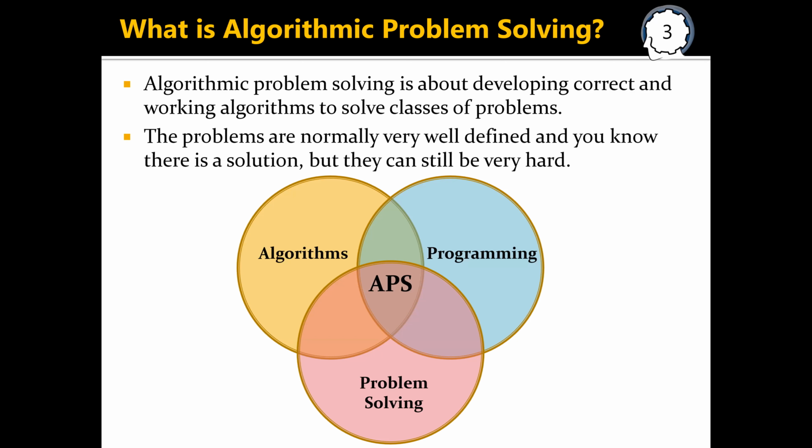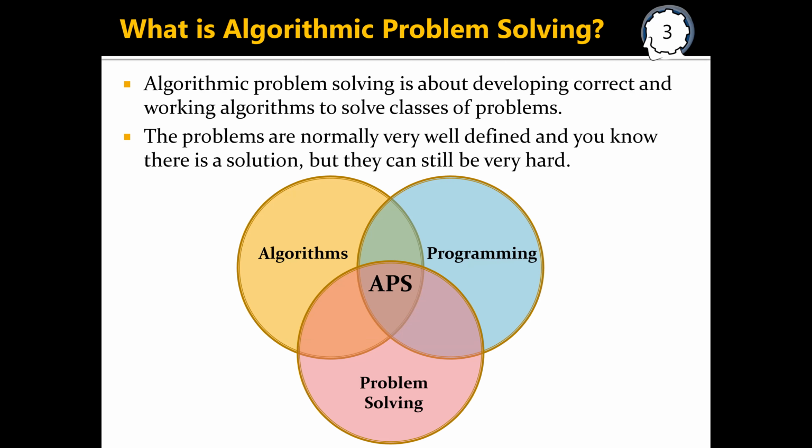So in some sense it's the intersection between three different areas. We have the algorithms, the theoretical parts. For example, the construction and analysis of algorithms course is mainly a theoretical course studying different algorithms and their properties. On the other hand, we have programming, so basically how to write programs.